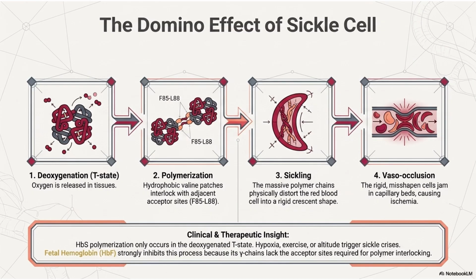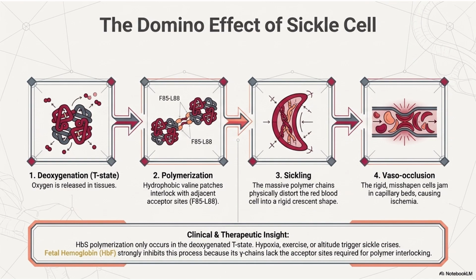One of the most successful medications for sickle cell disease is hydroxyurea. Interestingly, it doesn't correct the mutation. Instead, it stimulates the body to produce more fetal hemoglobin, or HbF. Remember what we learned earlier. HbF doesn't participate in sickle polymer formation.